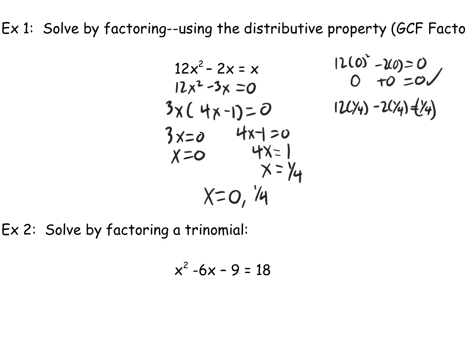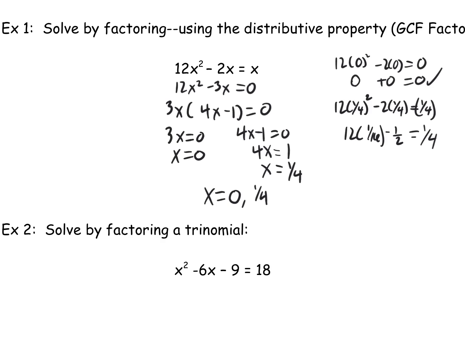Let's see here. Forgot to square the 1/4. Sorry, made a mistake. This should be 1/4 squared. When I square the 1/4, that makes that 1 over 16. So 12 times 1/16. Then I can go ahead and do the negative 2 times 1/4. That's negative 1/2 equals 1/4.